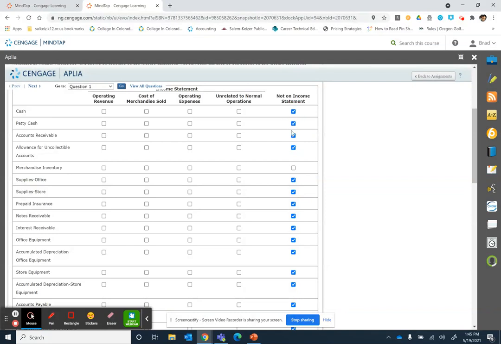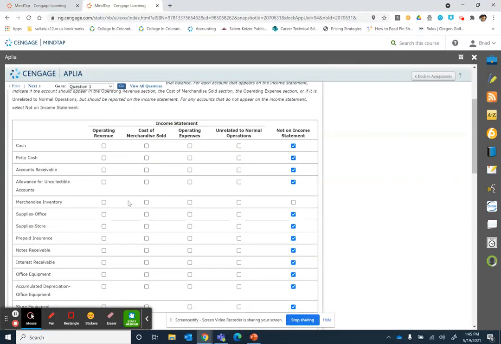The one account that we will be including in our income statement for this one is going to be our merchandise inventory. And we're going to include the merchandise inventory in the cost of merchandise sold.